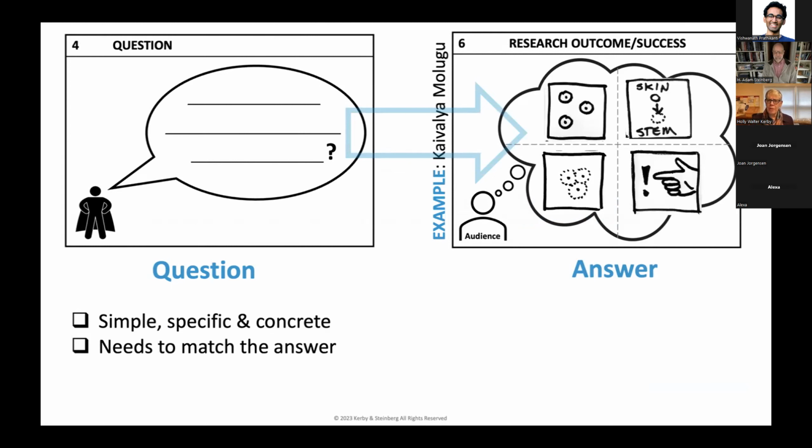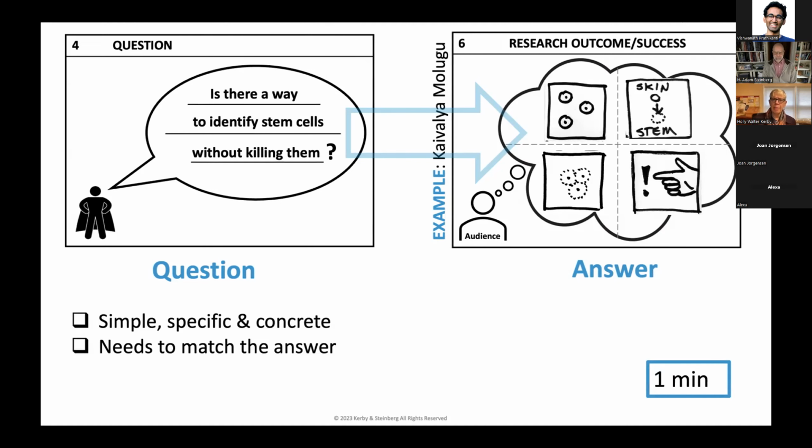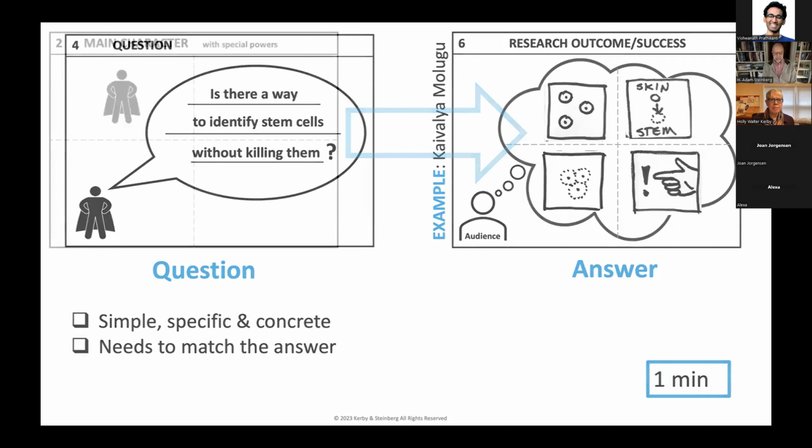So, for example, this is what Kavlia did, and her question, that would have that as its answer, is: is there a way to identify stem cells without killing them? And of course, the answer is yes, there is. I developed this method. And we give people a short period of time to come up with that question.